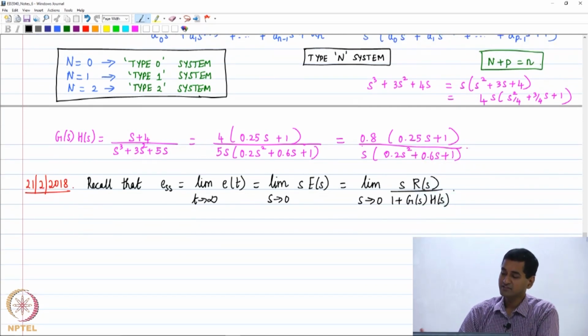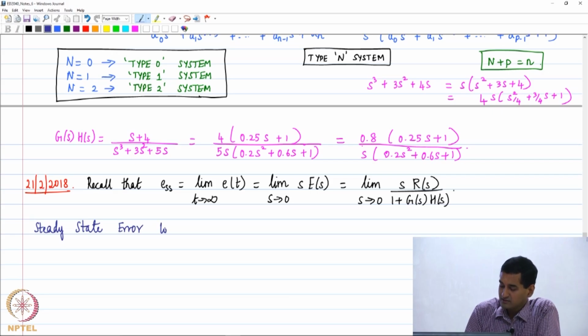So, today let us continue from where we left off. We are looking at the steady state error, so let us first do the steady state error analysis to a unit step reference input.